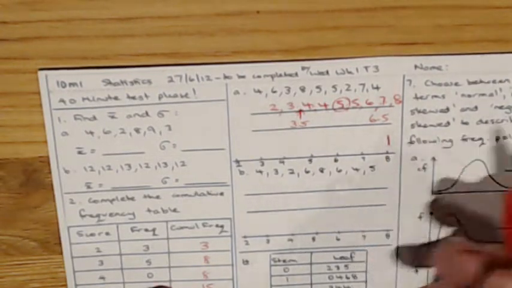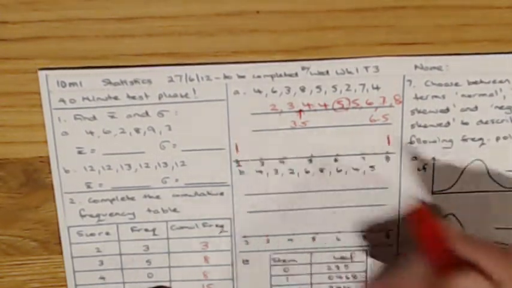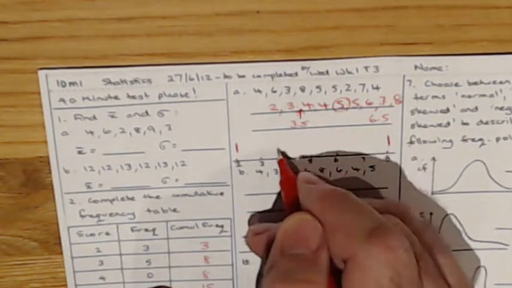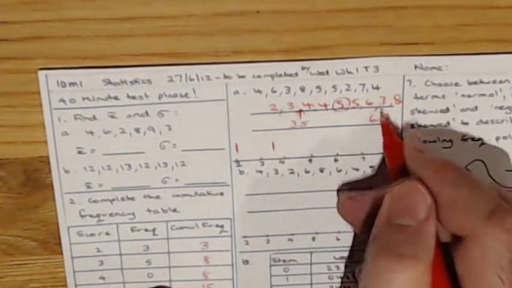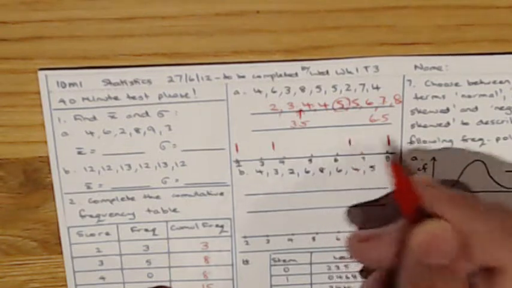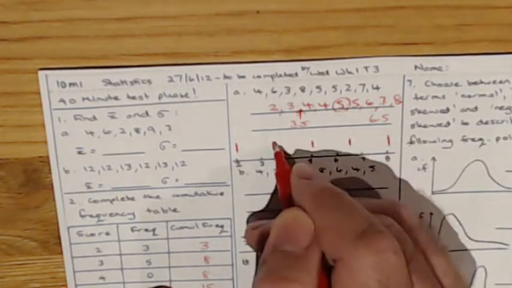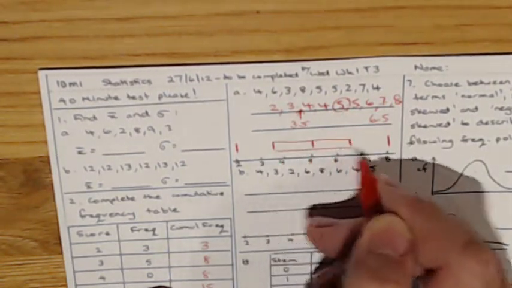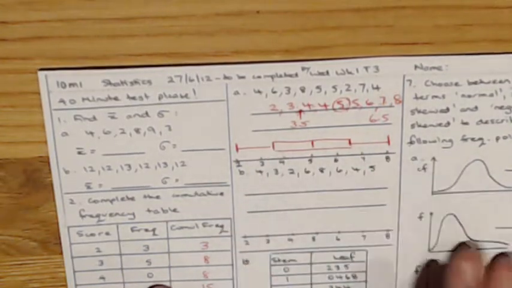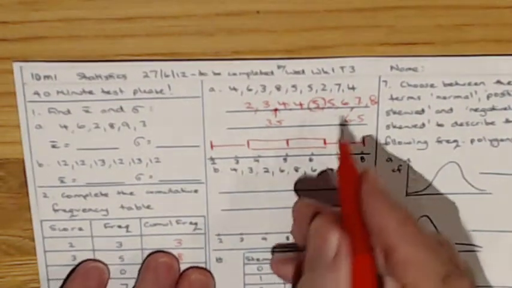The highest score is 8, the lowest score is 2, Q1 is 3.5, Q3 is 6.5, and the median is 5. We end up with this box and whisker plot.